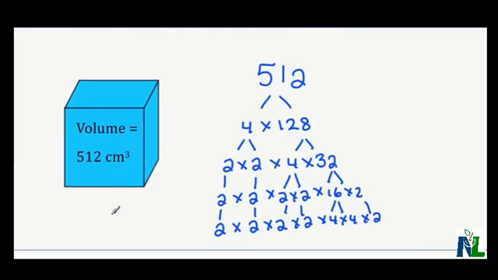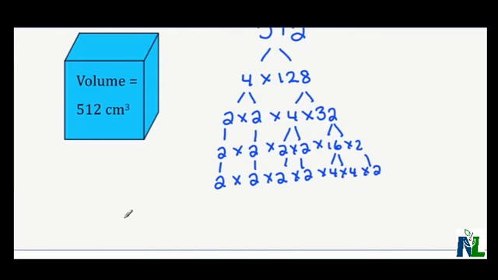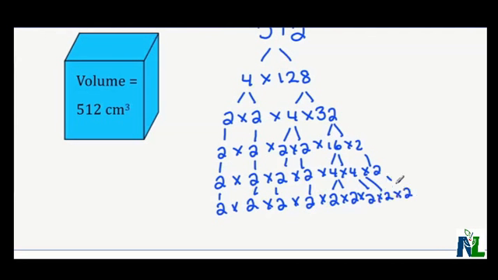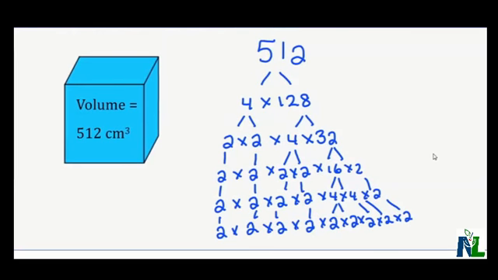We have one more row to do. 2 times 2 times 2 times 2 times 2 times 2 for that 4 times another 2 times 2 and then that 2 at the end. Now a quick and easy way to check your prime factorization whenever you have such a large one is to take your bottom row and multiply all of the numbers together. If you get 512, then you did it correctly.